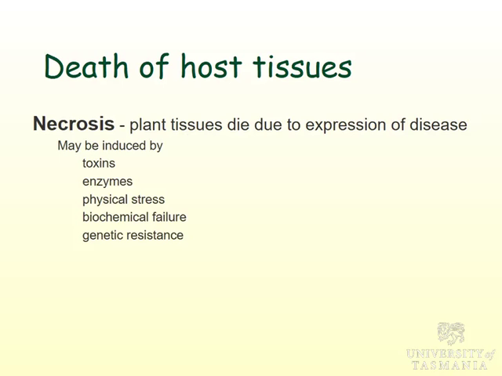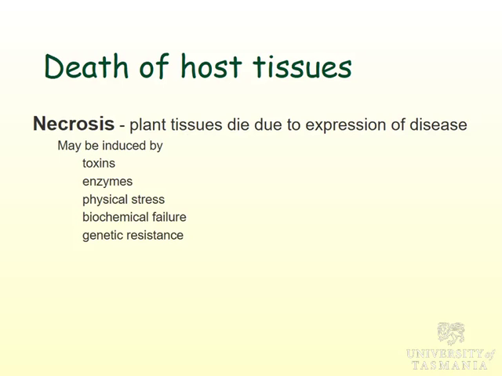Other ones might actually grow and cause pressure as the colonies develop, and actually lead to death in that way too. There can be biochemical failures, so again, interactions not necessarily driven by toxins, but other interactions with the biochemistry of the plant cell that lead to cell death.